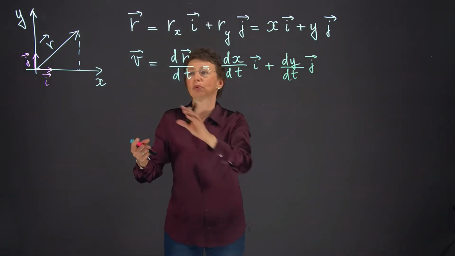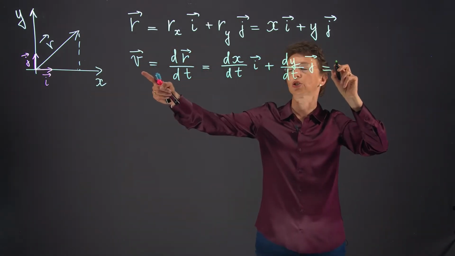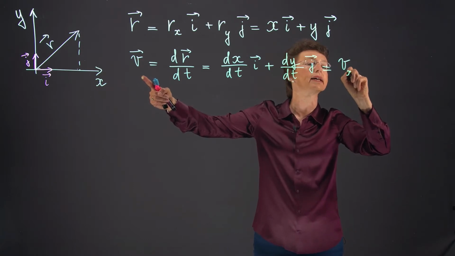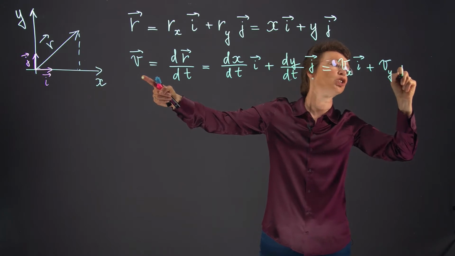At the same time, we know that any vector could be written in terms of components, so it is equal to v sub x i plus v sub y j.